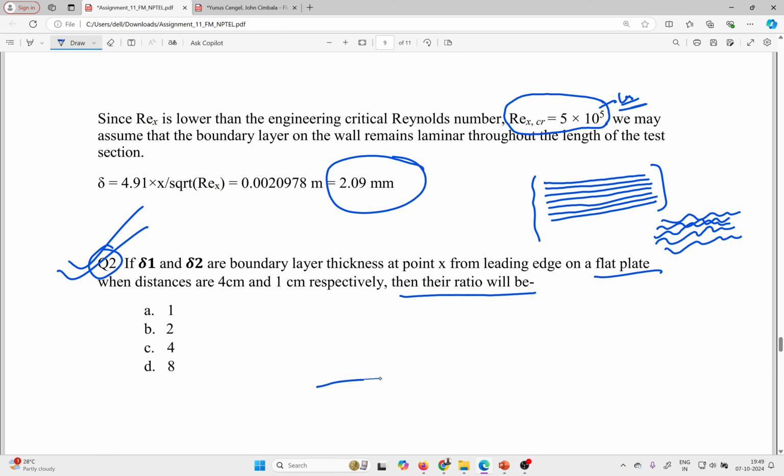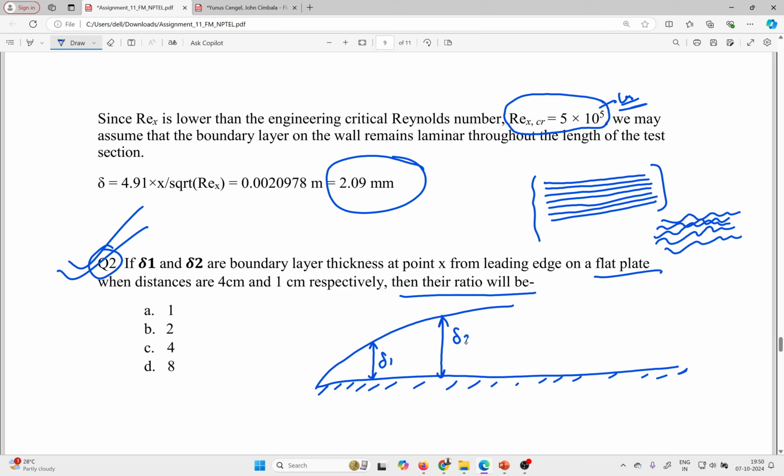So let me just draw this. This is the plate and this is your boundary layer. Let us assume here is delta 1 and here is delta 2. The boundary layer thickness is at point X from the leading edge on the flat plate when the distances are 4 centimeter and 1 centimeter respectively.